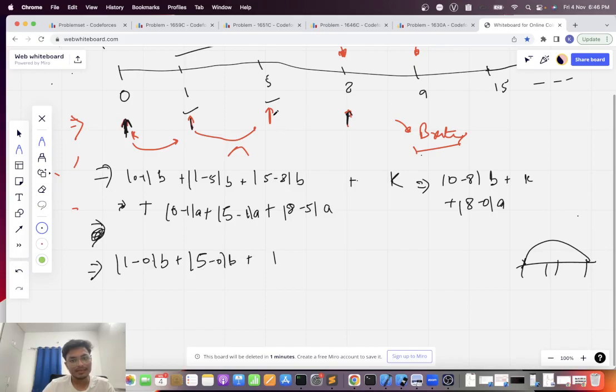Let's say then I conquer this one and this one, and then I need to conquer this also. Then it will be 8 minus 0, and k value after conquering all the others, and the a value is the same. I just need to jump from here to here, so the a value is 8 minus 0.